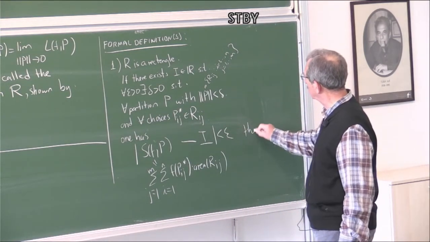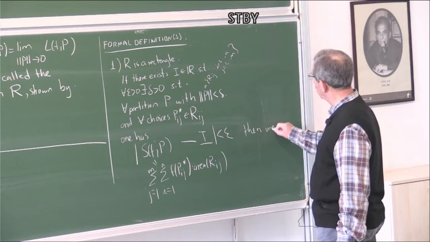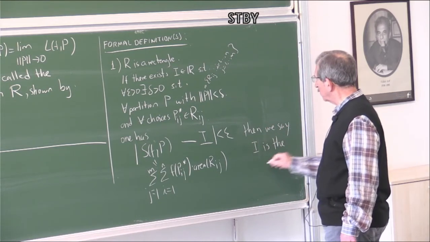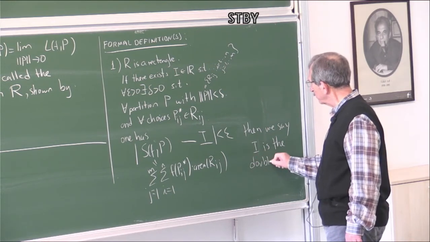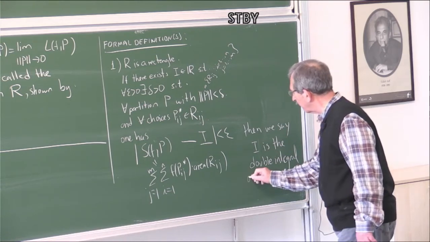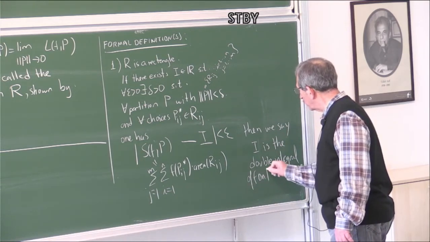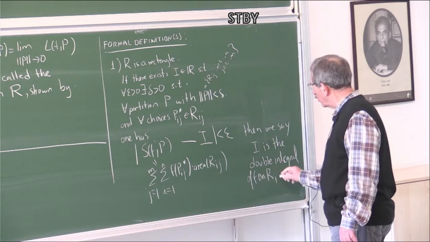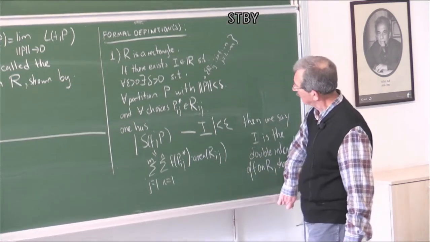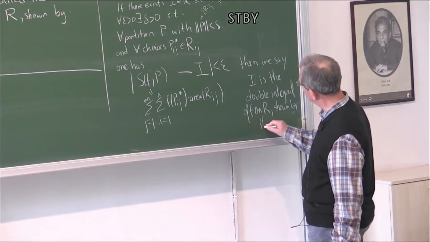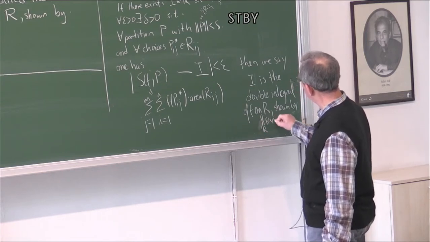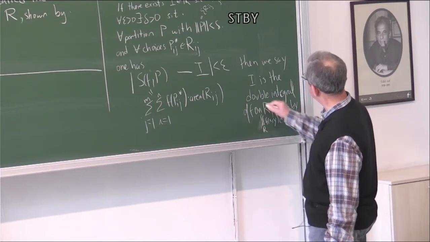Then we say I is the double integral value of f on R, and shown as before by this.